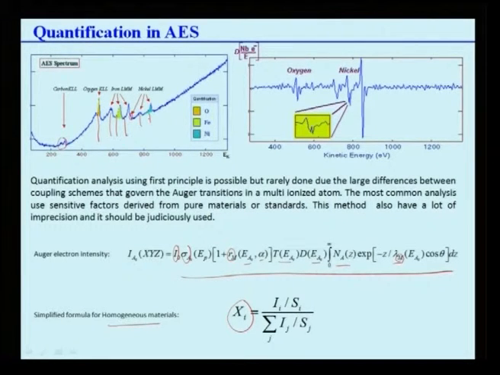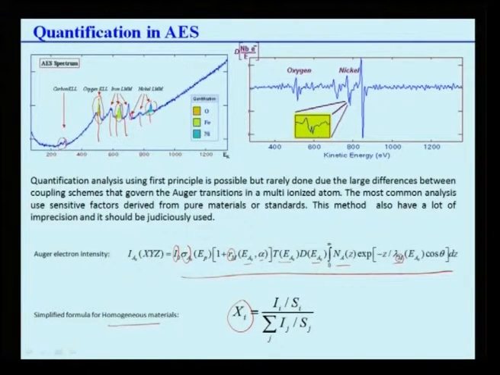Now as you see here, the big peaks are this one for oxygen, this one for iron, and this one for nickel, correct. Now I can calculate the area under these three peaks and get the intensity. And then if I know the scattering factor, I can quantify the presence of each of these elements.